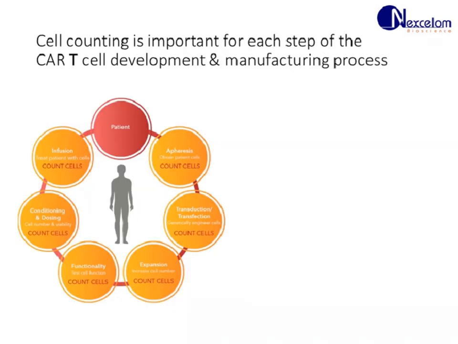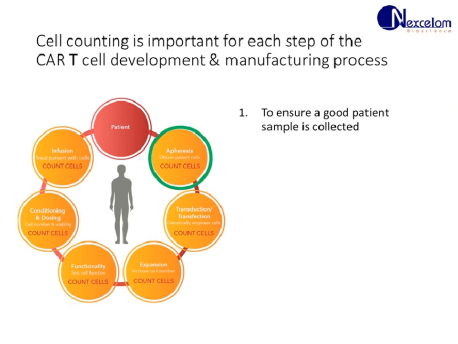We know there are multiple steps during CAR T-cell development and manufacturing, and during each step, cell counting is very important. If we look at the first step where the apheresis occurs, we would need to identify a good patient sample, and a good patient sample is collected.